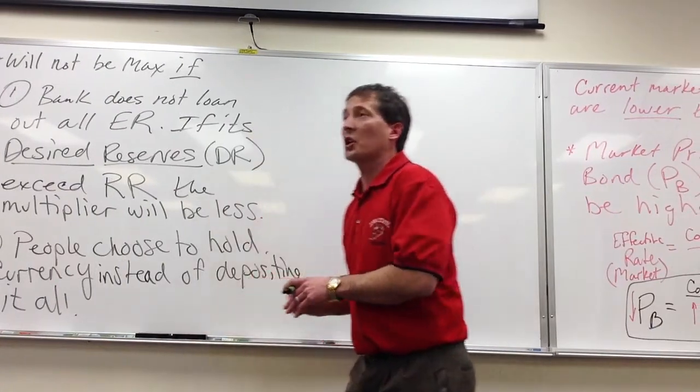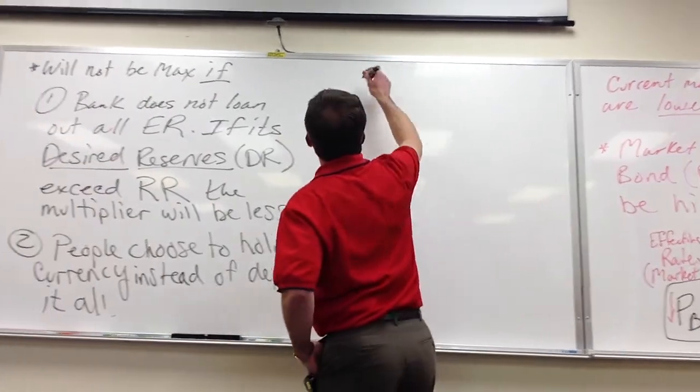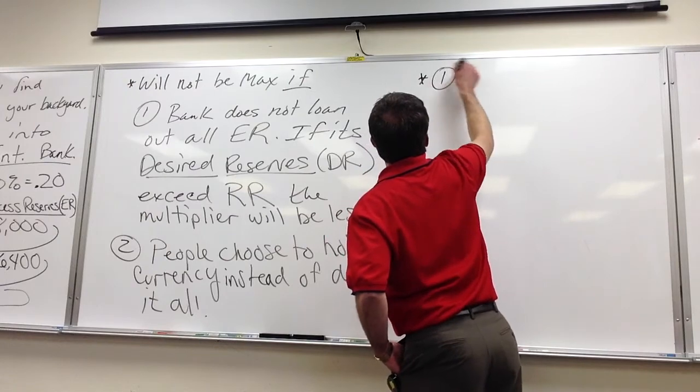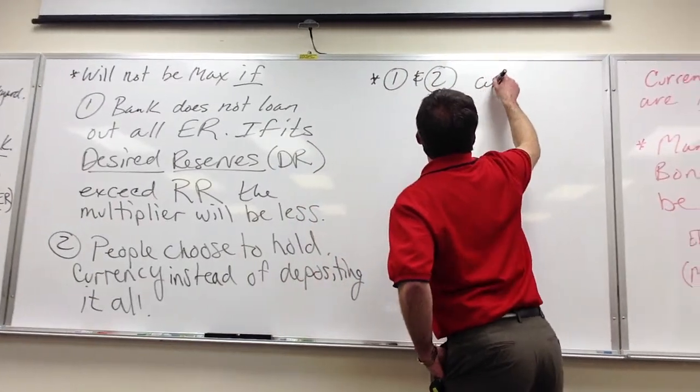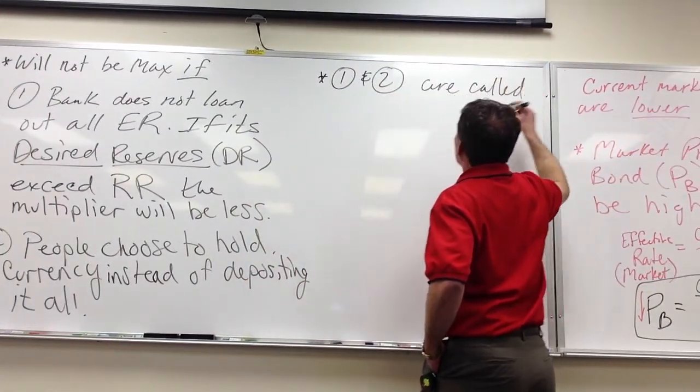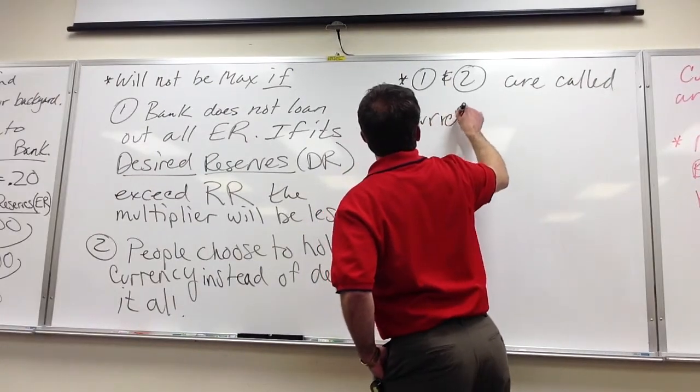Okay, these are called currency drains. So 1 and 2 are called currency drains.